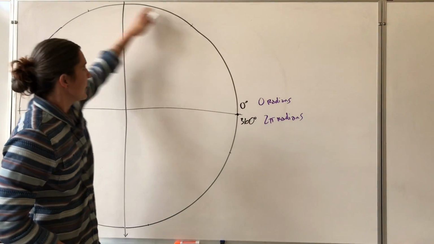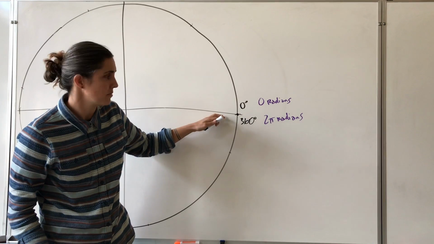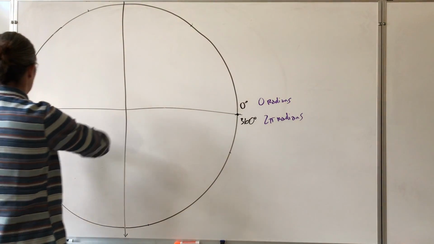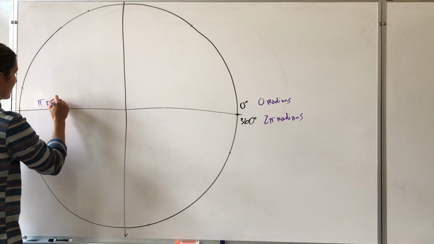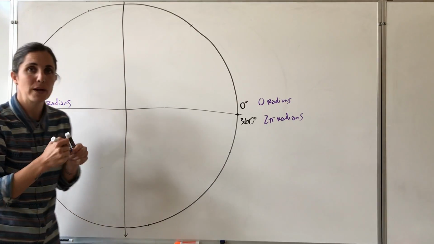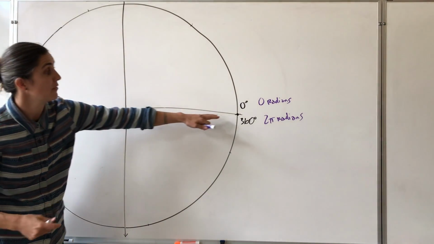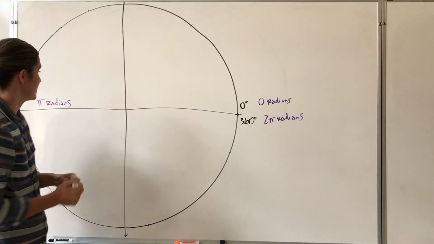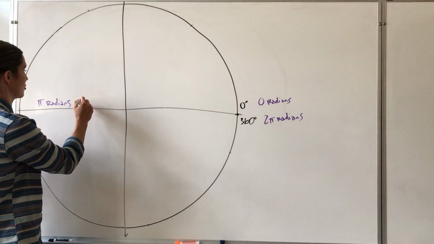If all of the way around the circle was 2 pi radians, of course, then it follows that halfway around the circle was pi radians. All the way around is 2 pi, halfway around is pi. Similarly, if all the way around was 360 degrees, we could also say that halfway around was 180 degrees.